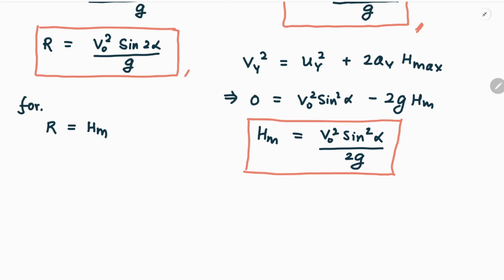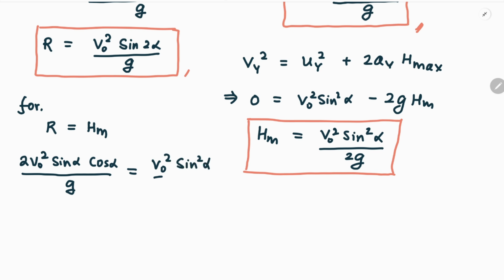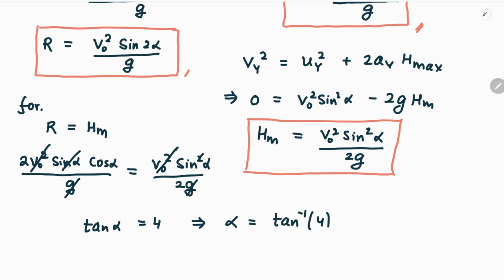So for r to be equal to h max, we can say 2 v naught square sine alpha cos alpha by g equals v naught square sine square alpha by 2g, and on solving we obtain tan alpha equals 4. So we can say that alpha equals tan inverse 4, which is roughly 76 degrees.